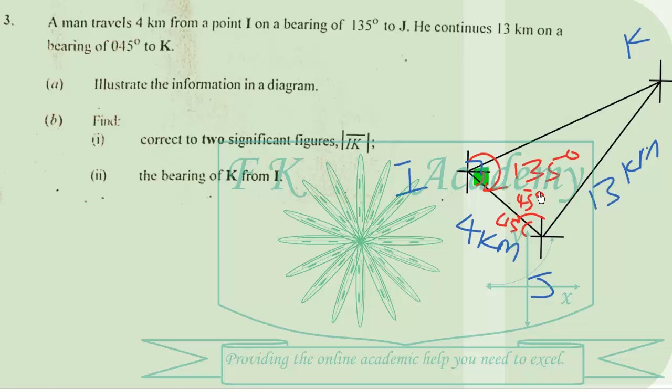Then we also know that the bearing over here was giving us 45. So it tells us that the angle that is here is supposed to be 90 degrees. So if it is 90 degrees, then it means IK, line segment IK, is the hypotenuse.